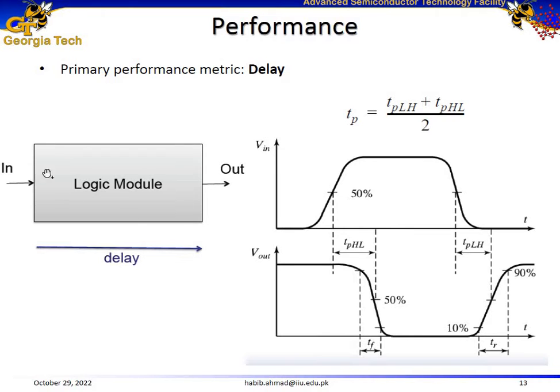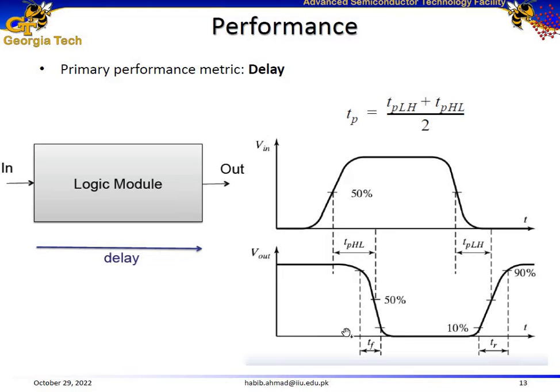Yes, so here is our input voltage at the input of the inverter. If the input is low, the output is going to be high, and we can see it over here. But then at this point the input starts transitioning from low to high. If there wasn't any delay, the output would have started transitioning right away from high to low.